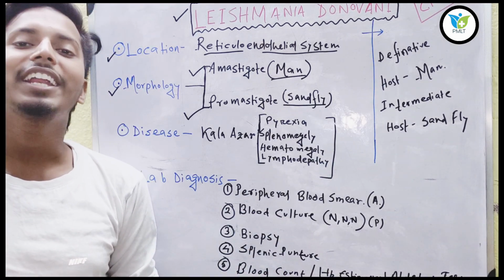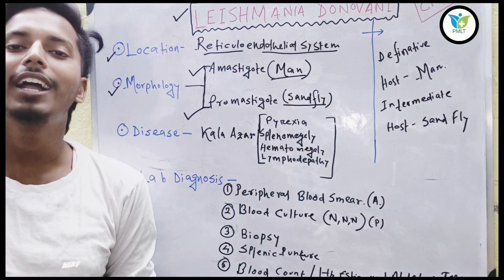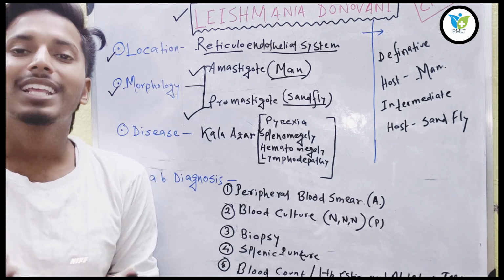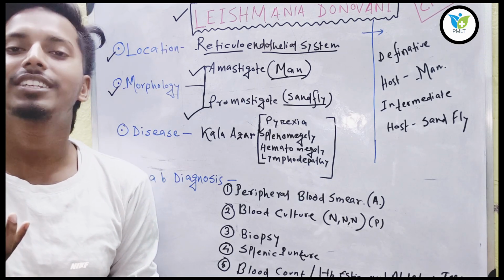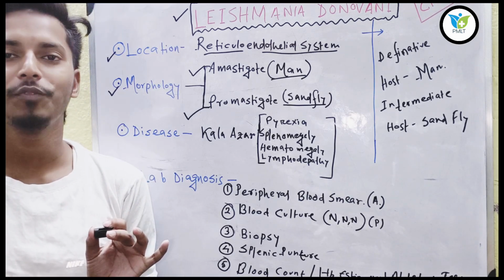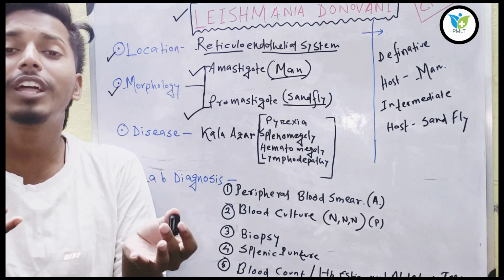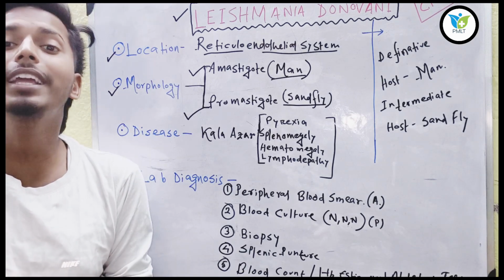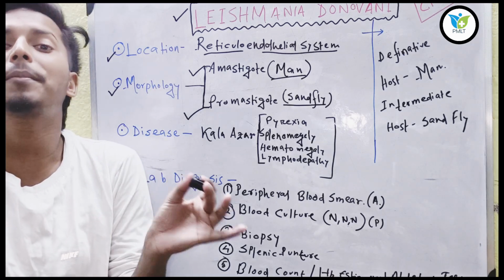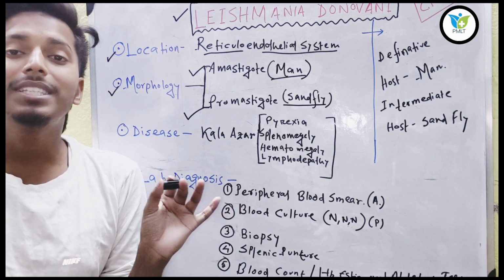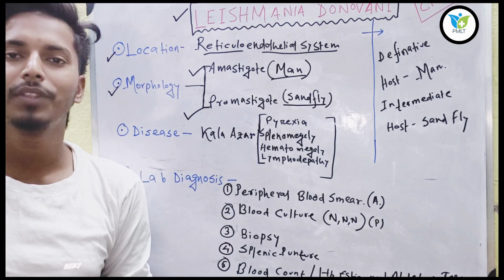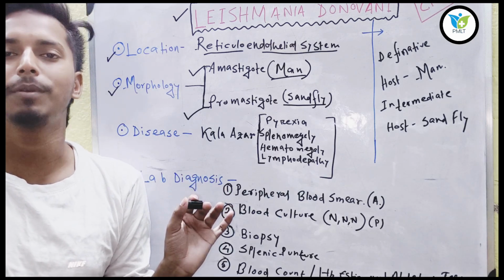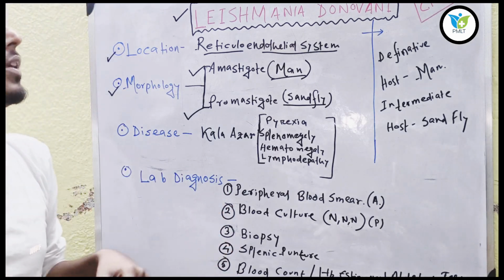We should have an idea regarding the host. Hosts are where parasites take their nutrition and survive. The host gives nutrition, energy, and a place for the parasite to survive. Basically, there are three types of host; in another class we will discuss all three, but here you will see two.